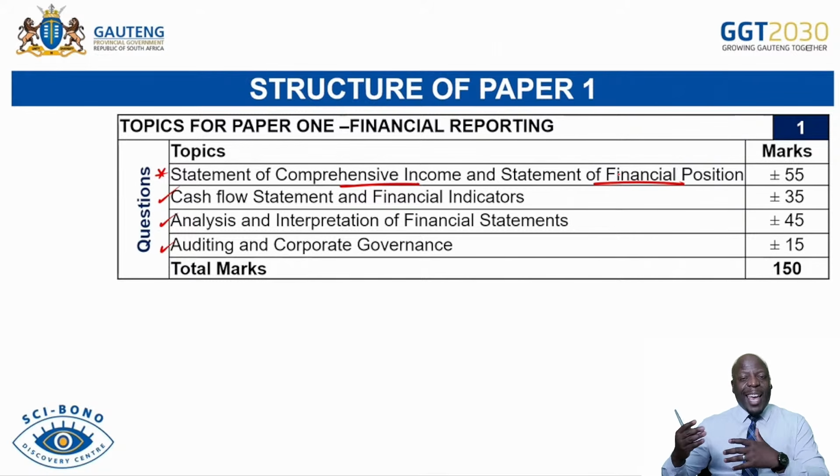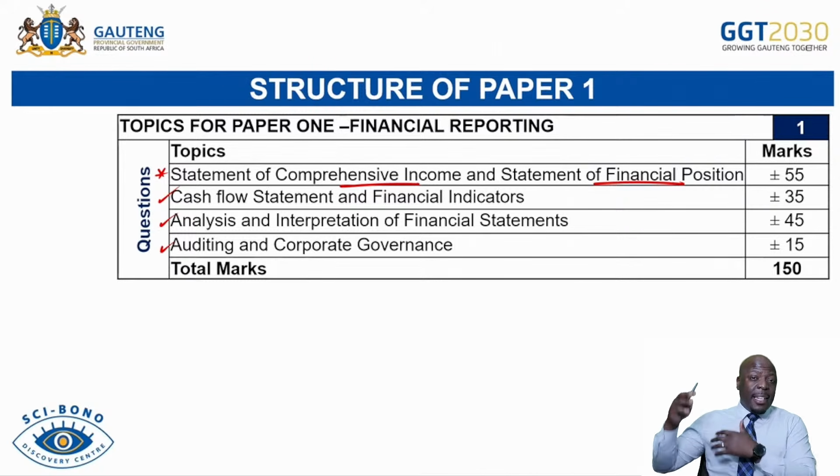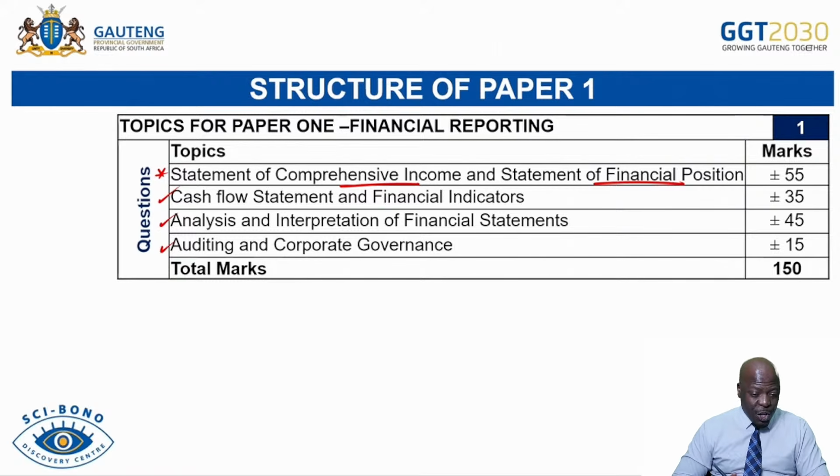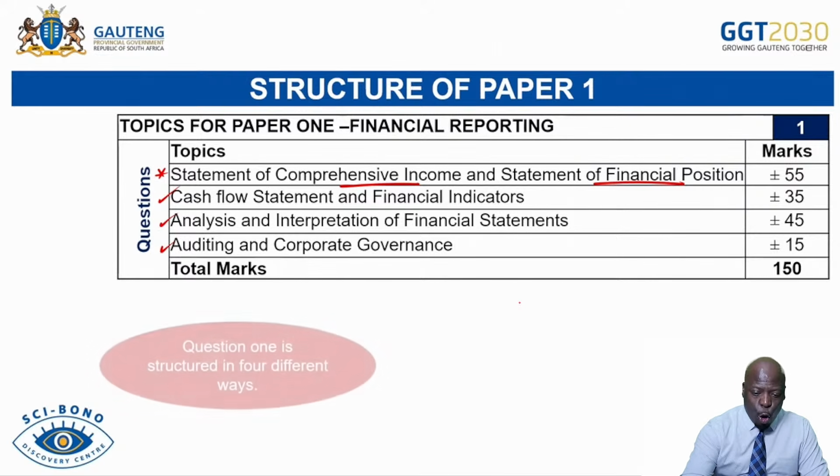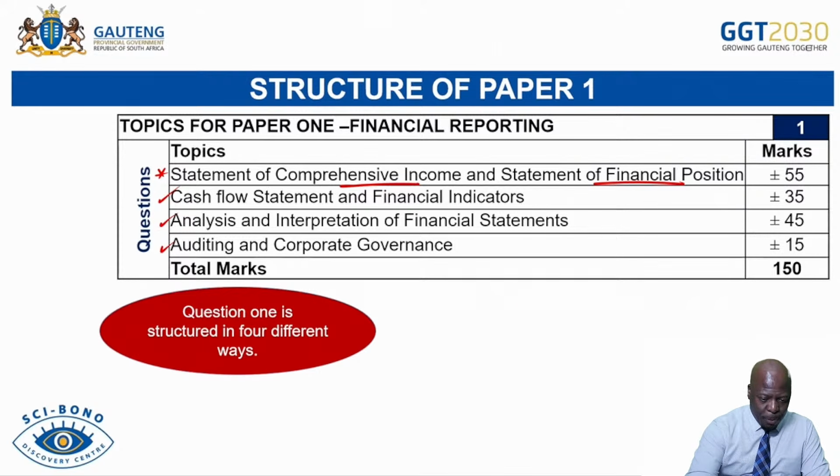This has been seen in many recent past papers. It can be a full statement of comprehensive income, or it can have shaded places. You can also have a full statement of financial position, or just the assets part or the equity and liability section. It can also have shaded areas. So this becomes your option number 2.